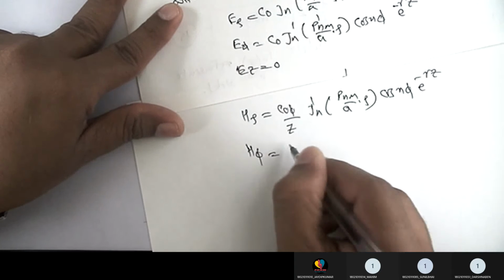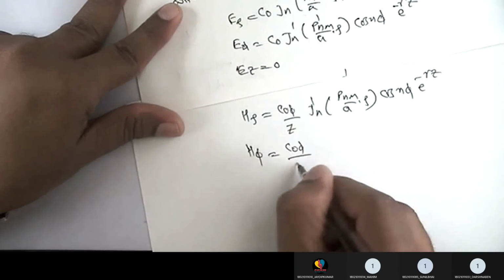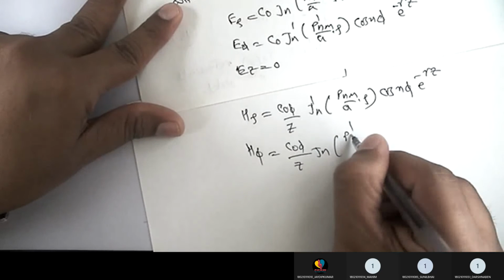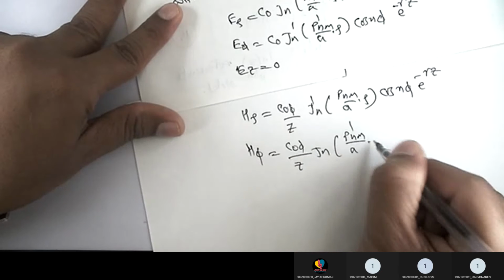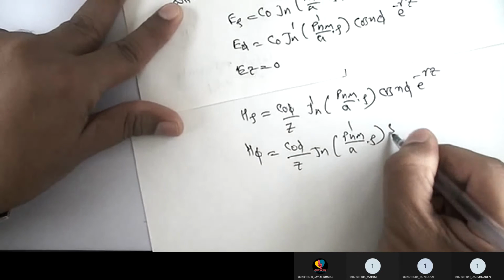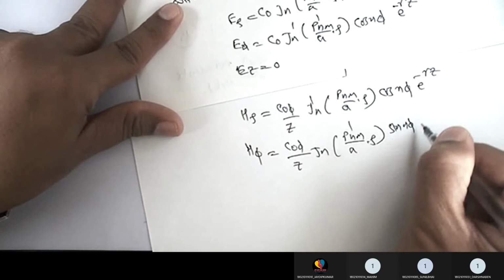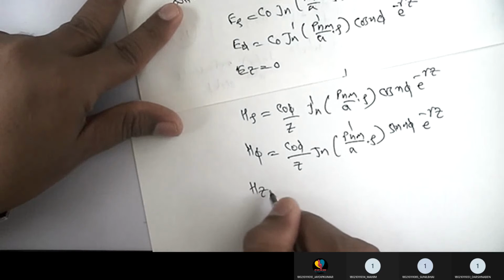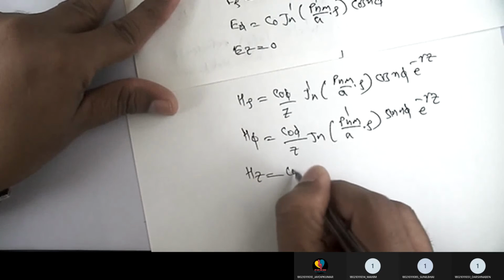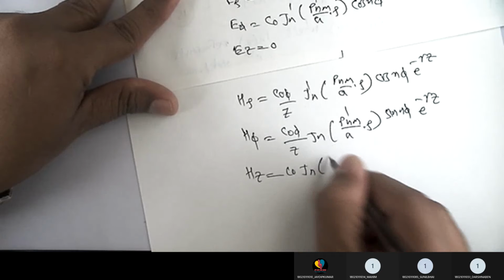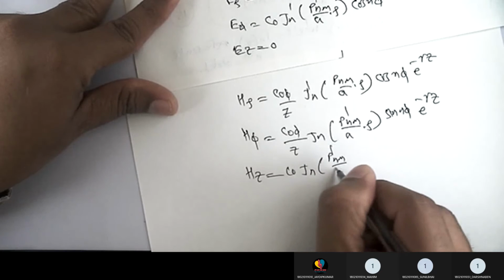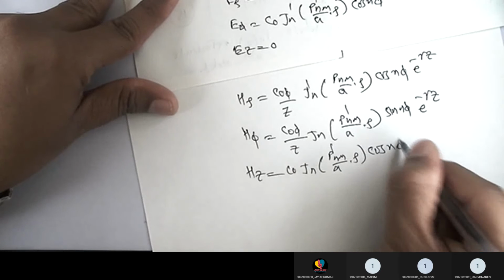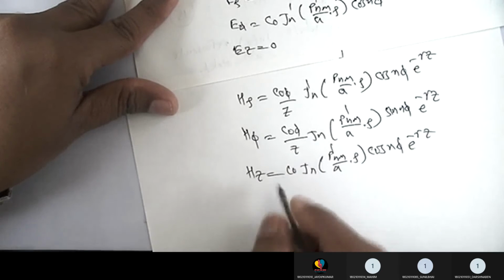Same way, H phi will become C0 by Z Jn, then P'nm by a into rho sine n phi e raised to minus gamma z. Same way, H of z we already know, that is nothing but C0 Jn P'nm by a into rho cos n phi e raised to minus gamma z.